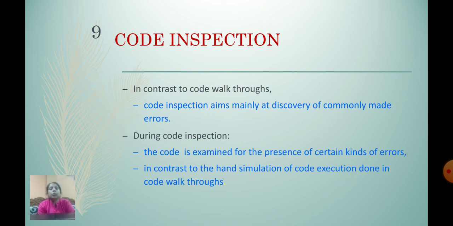Next is code inspection. In contrast to code walkthrough, code inspection aims mainly at the discovery of commonly made errors. In code walkthrough, they check the logic by evaluating the program by hand, but during code inspection, the code is examined for the presence of a particular kind of error.